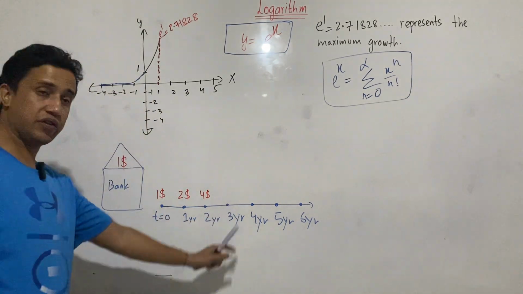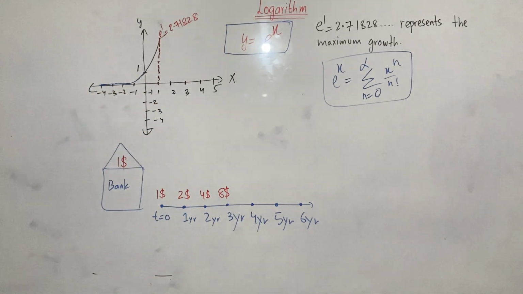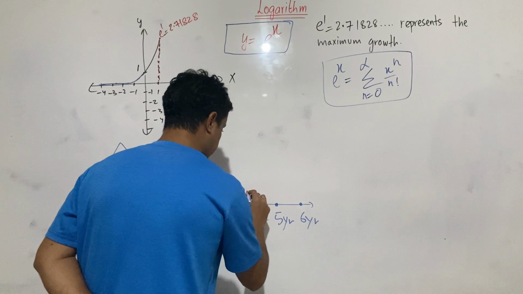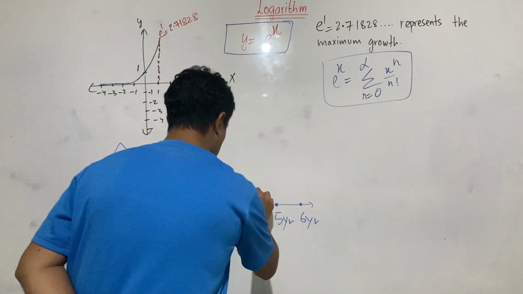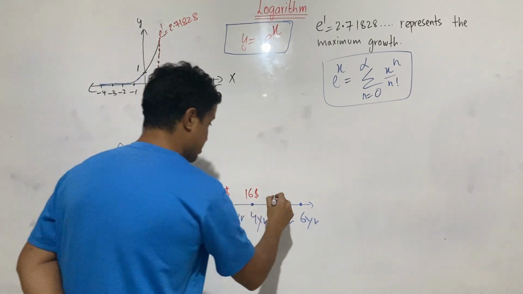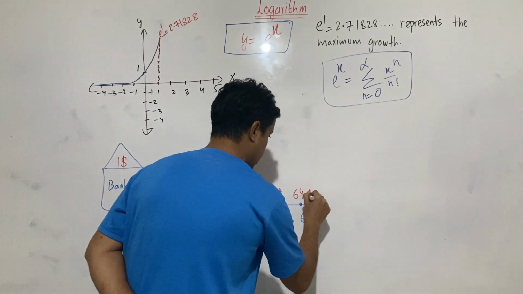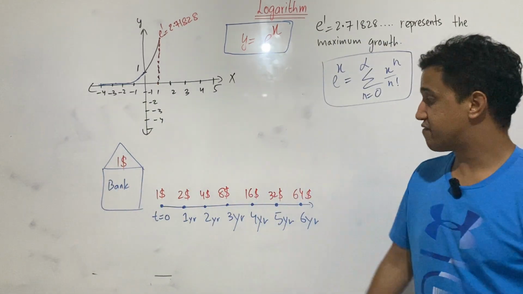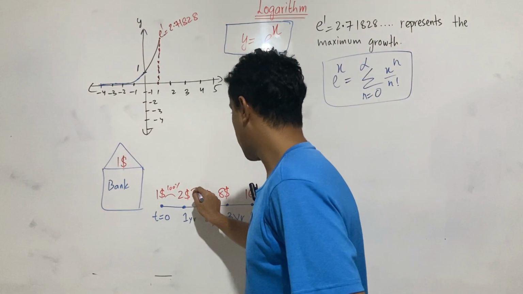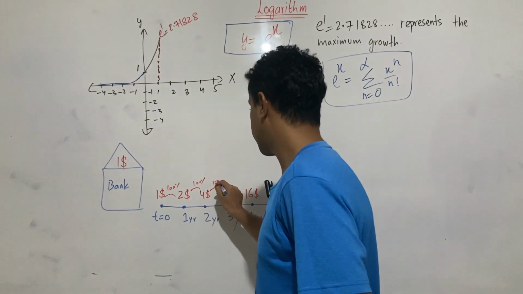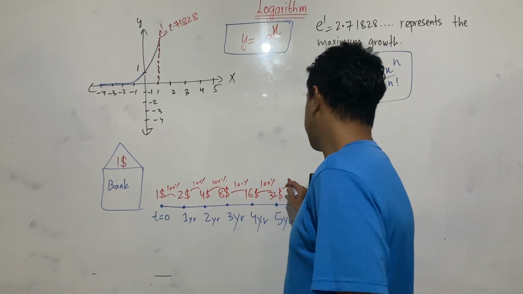After 3 years, it's going to be $8. After 4 years, $16. After 5 years, $32. After 6 years, $64, because every year they are giving you 100%.